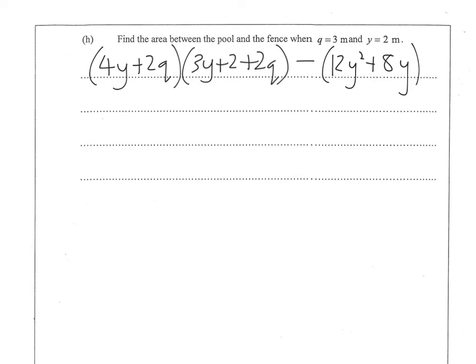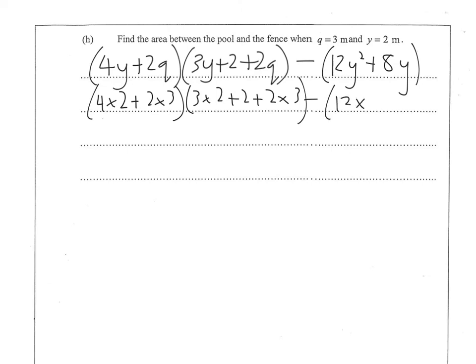Now sub in 3 and 2, so we'll have 4 times 2 plus 2 times 3, 3 times 2 plus 2 plus 2 times 3, take away 12 times 2 squared plus 8 times 2. And we put that into our calculator and we get 124 meters squared.